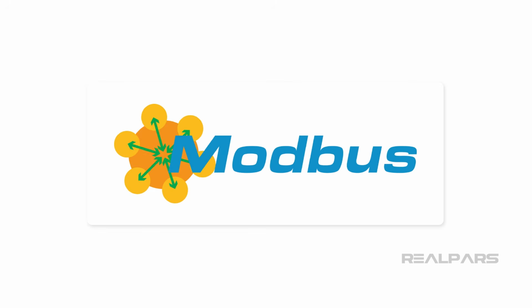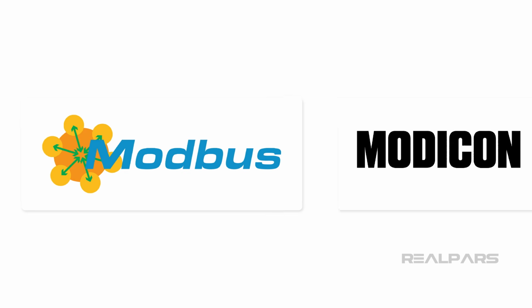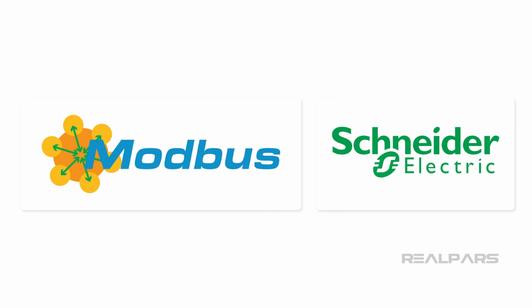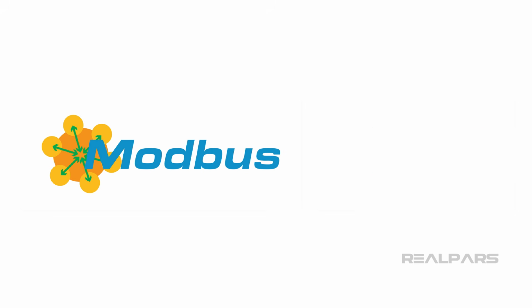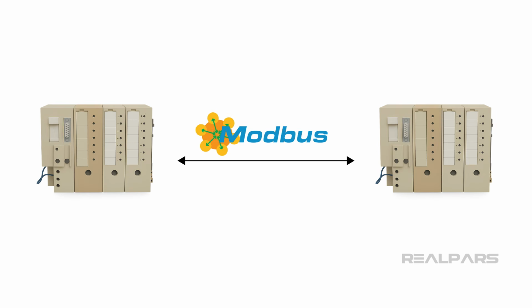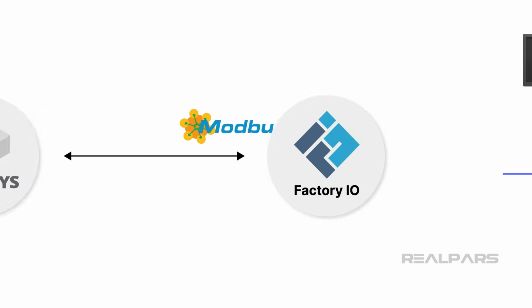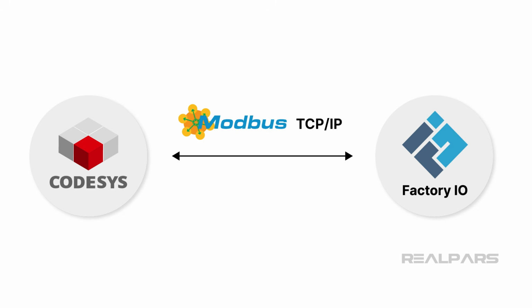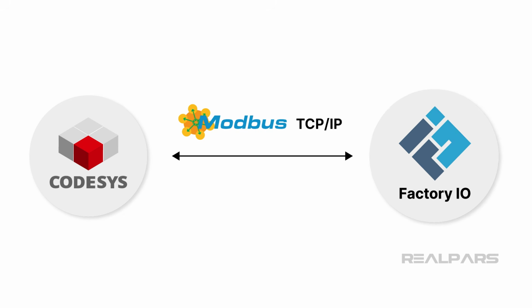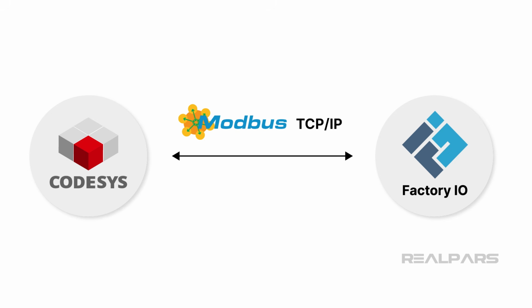Modbus is an industrial communication protocol that was created by Modicon, now Schneider Electric, in the late 1970s for PLC to PLC communication. Modbus is still widely used in industrial automation for connecting devices. In this video, we'll use Modbus TCP/IP to connect a Factory I/O scene to a CODESYS PLC.